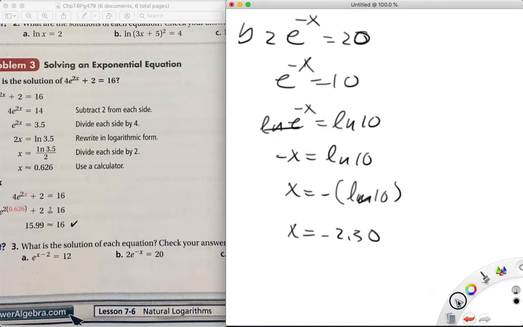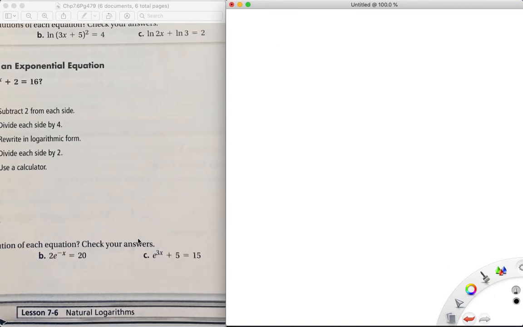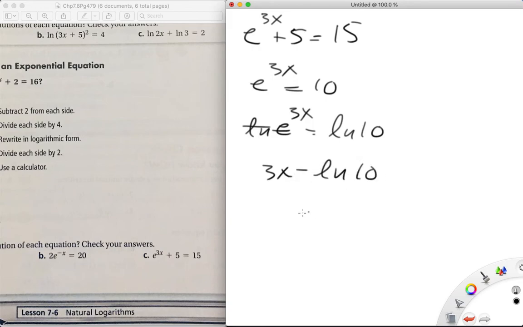okay. Next one. We have e to the 3x plus 5 equals 15. Subtract 5 from both sides, e to the 3x equals 10. Ln both sides. That goes, I have 3x equals ln of 10, divided by 3, so x equals ln of 10 over 3.